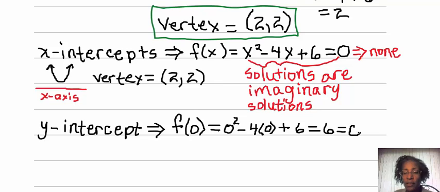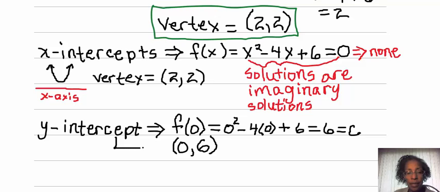So this is actually our value of C. So the point, since 6 is our y-intercept, the point (0, 6) lies on our parabola. And anytime a point has a 0 x coordinate, we know that point lies on the y-axis.